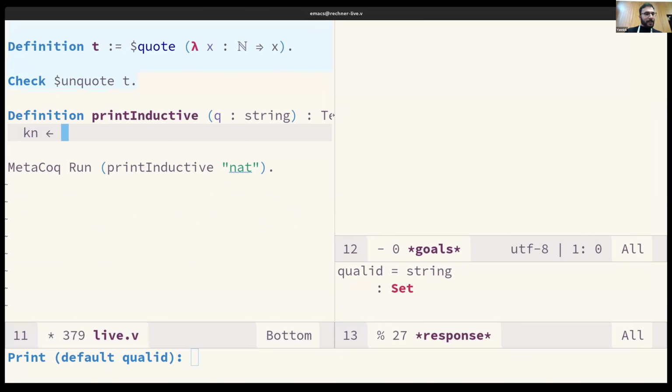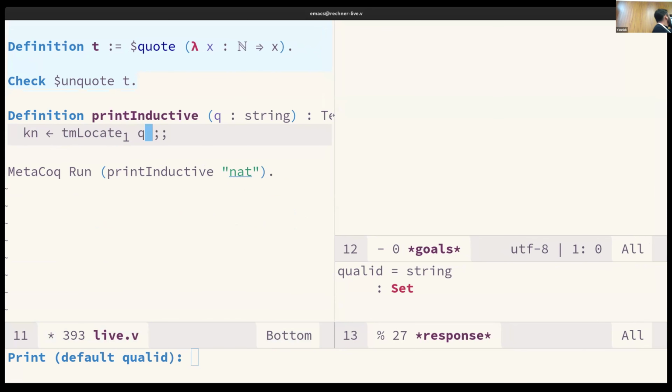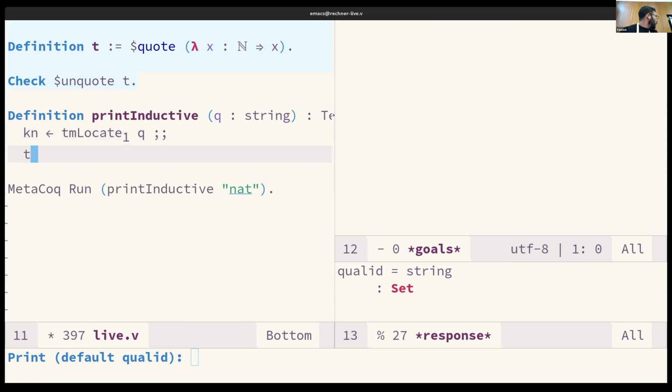Good. So what I want to do, even though you don't see it, is first locate Q. I'm going to say locate the string Q and find out what this thing stands for. And why not, we can also do something like tm print kn, and probably that has the wrong type.